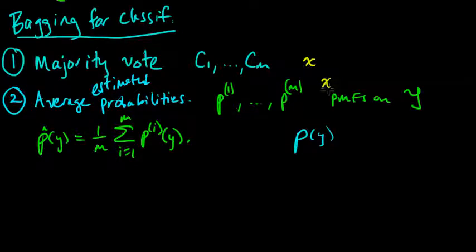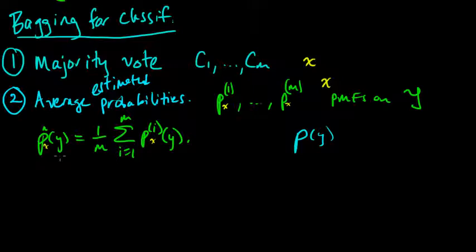We have some x that we're trying to predict the associated class for, and technically speaking, all of these depend on x. So we're trying to predict the class of x, and there's some true probability mass function for x, and we estimate it.